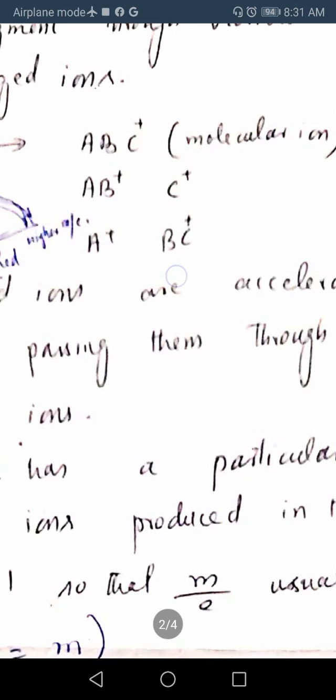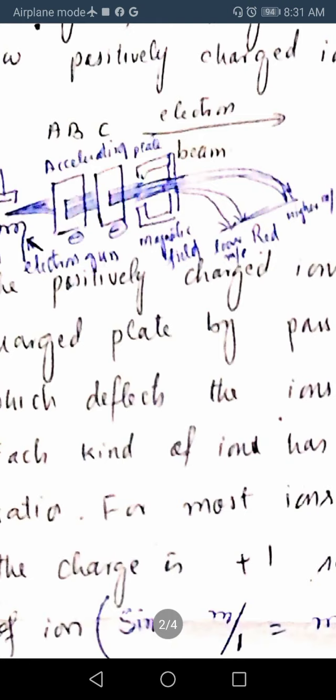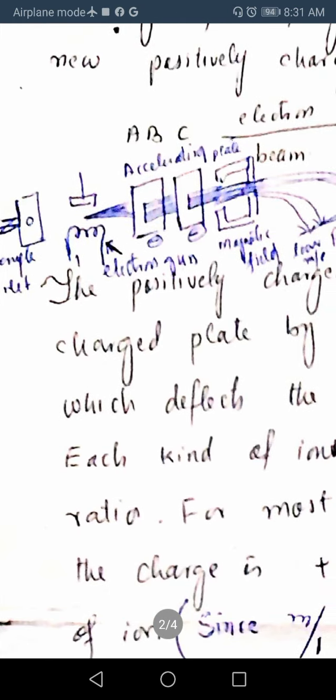Now when ions are formed, then they are separated from one another by the use of a magnetic field.